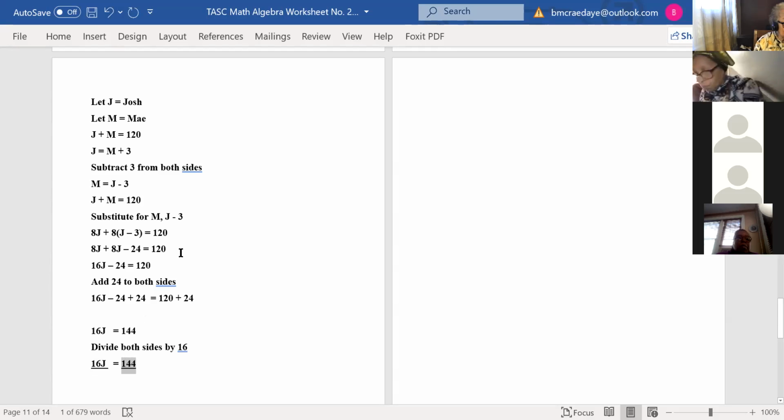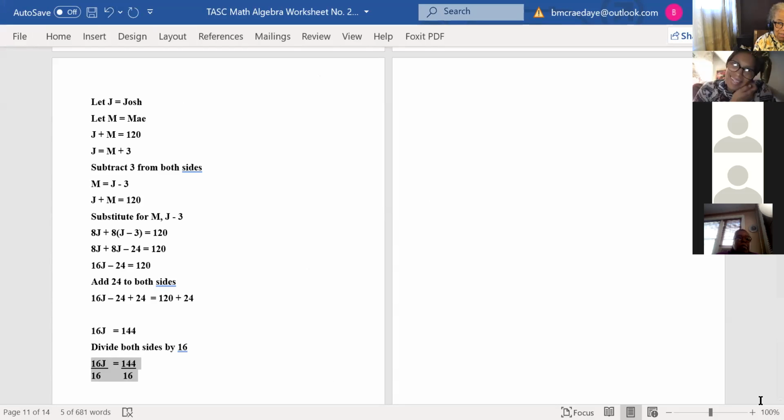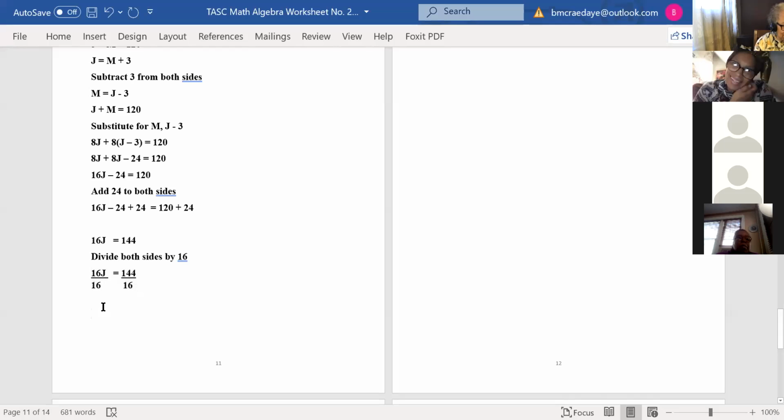So what do I get on the left side? 16 over 16 is just J. The 0 is when you add a plus and a minus of the same number. So that's right, now you get J, and what's 144 divided by 16?